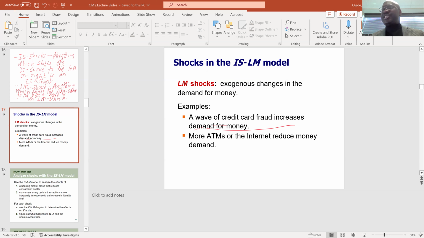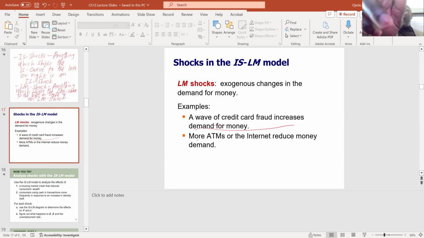We want to shop with cash. When I shop with cash, nobody steals my identity. So that's going to lead to an increase in money demand. People are going to demand more dollars. That's what we said yesterday, that identity theft, like credit card fraud, increases the demand for dollars and is going to shift the LM curve to the left. So it's like some form of a negative LM shock.